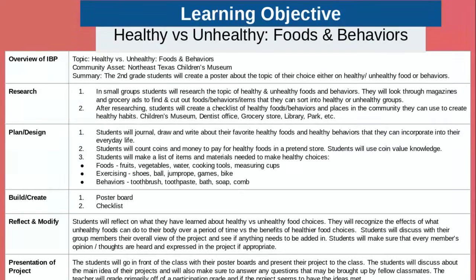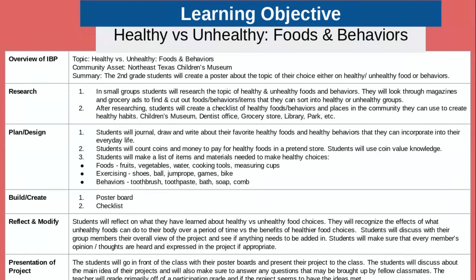For our learning objective, the overview of IBP topic is healthy versus unhealthy food and behaviors. Like I said, our community asset is the Northeast Texas Children's Museum. For our summary, the second grade students will create a poster about the topic of their choice, either on healthy or unhealthy foods and behaviors. Research: in small groups, students will research the topic of healthy and unhealthy foods and behaviors.